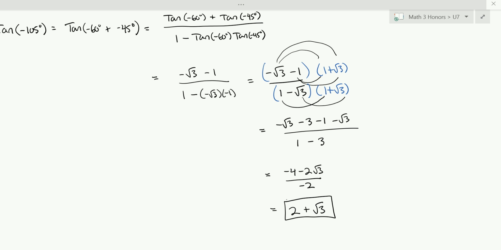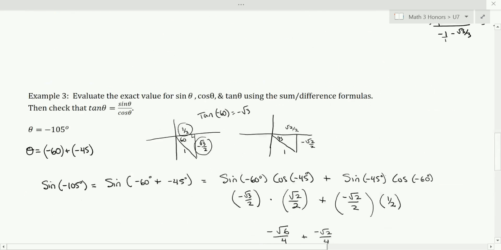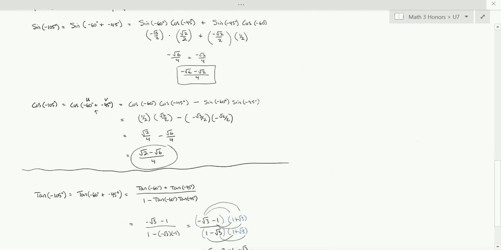One more thing, we're not done with this problem. If you look at the instructions, it said evaluate sine, cosine, tangent. We did that. Now we're going to check that our answer for tangent is our answer for sine divided by our answer for cosine. Okay, so last part here, we have our answers.